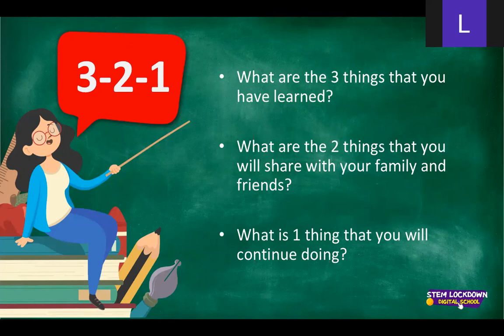One, what are the three things that you've learned today? Two, what are the two things that you will share with your family and friends that you're going to learn today? So what takeaway are you taking with you to share with your friends and your family? And the last one: what is one thing that you will continue doing?